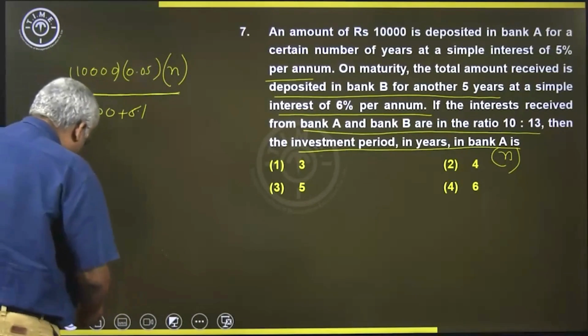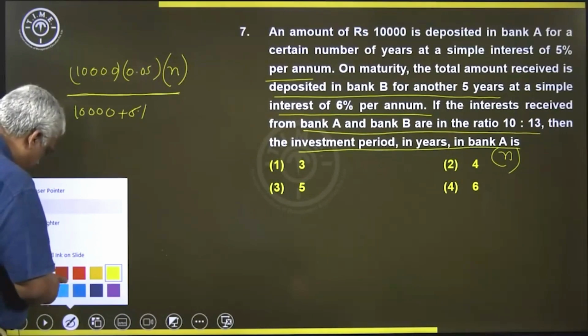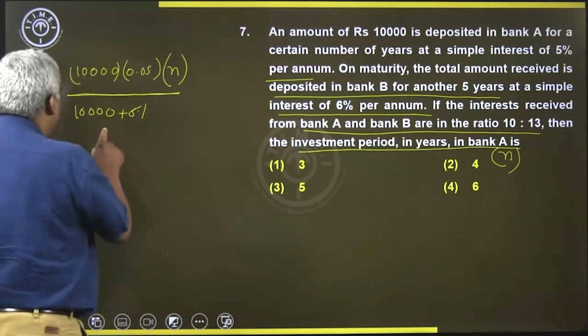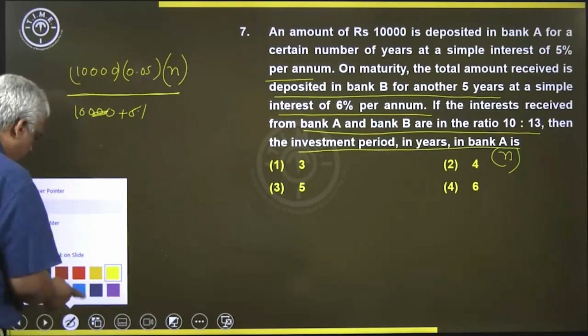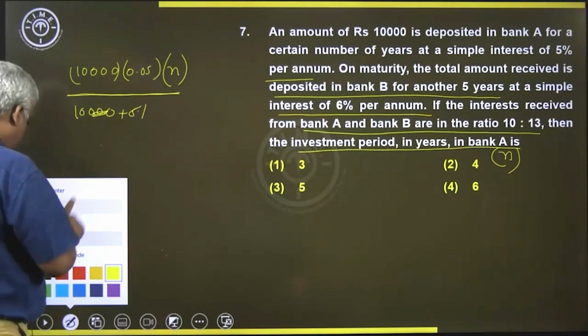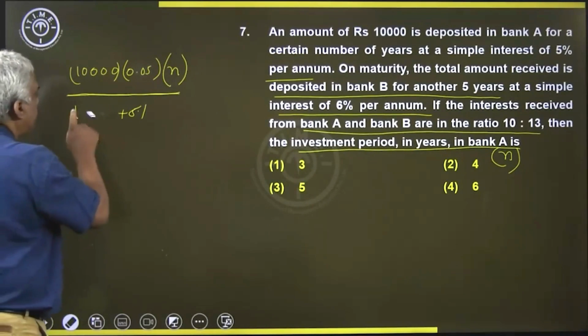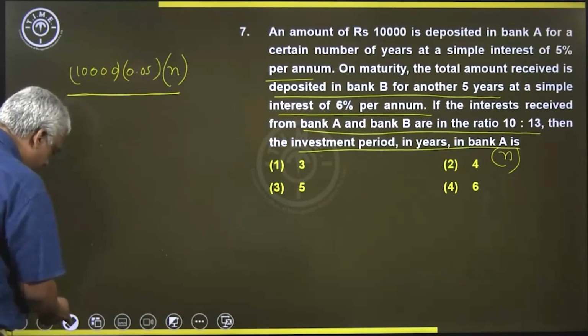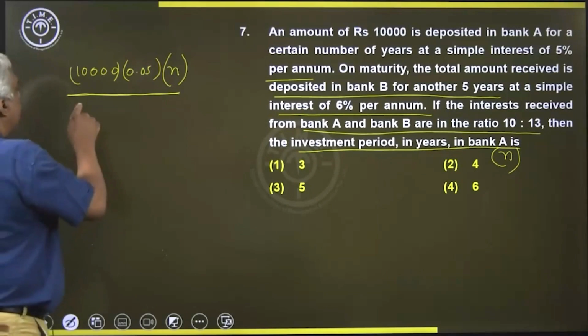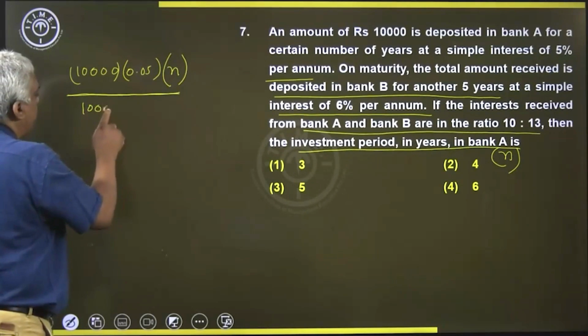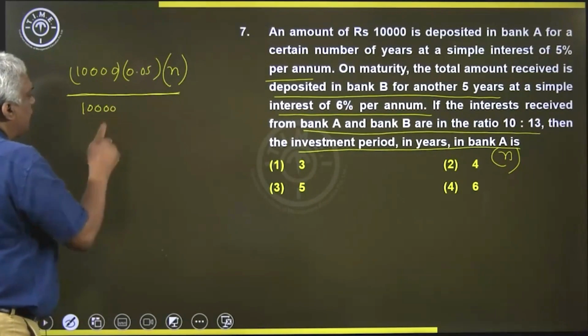Now the interest received from bank B will be as follows.